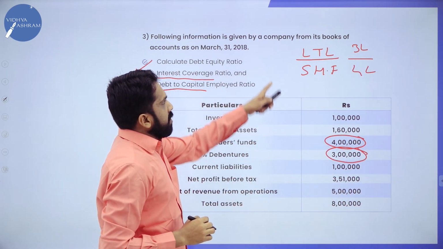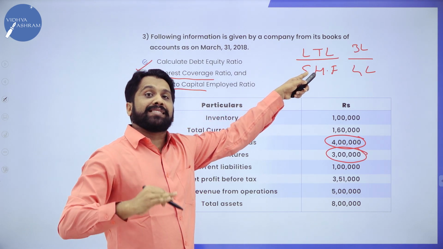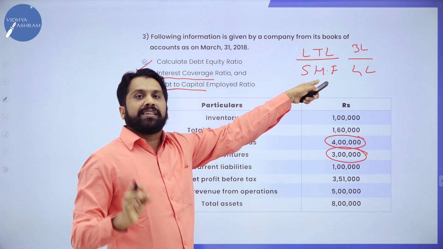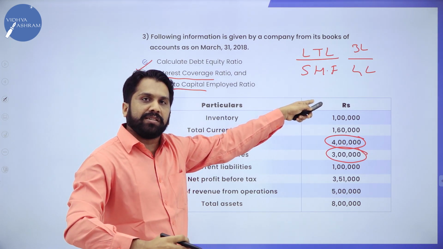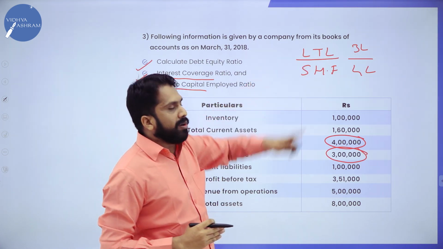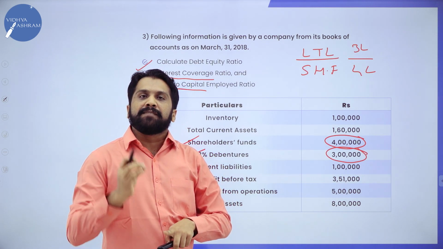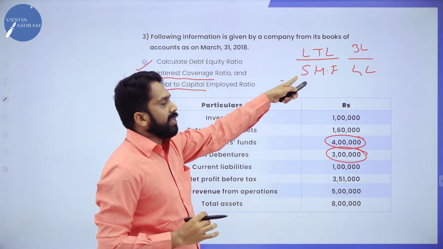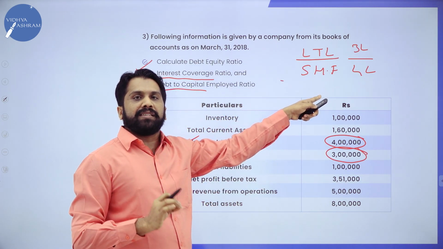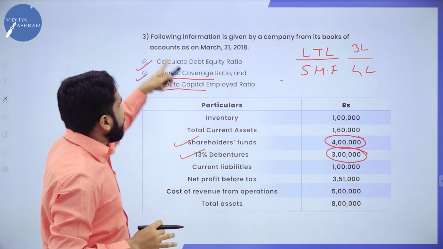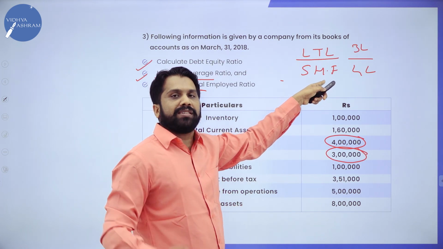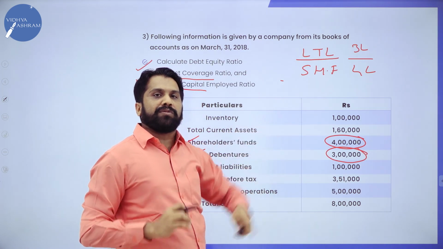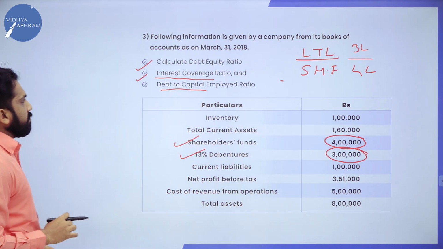Always remember, your long-term loan should be less than shareholders fund. Then the company is in good condition. It is in good terms. Always, because loans are from outsiders. Shareholders fund means they are the owners of the company. Now, always debt equity ratio should be lesser than your shareholders fund. Clear? We'll go for the solution.